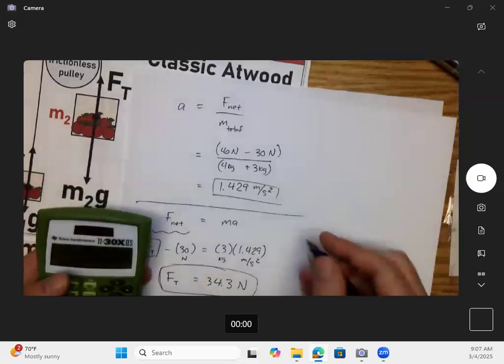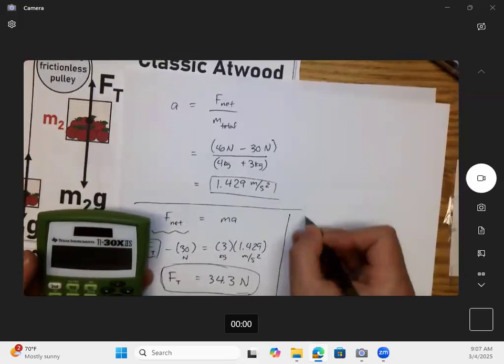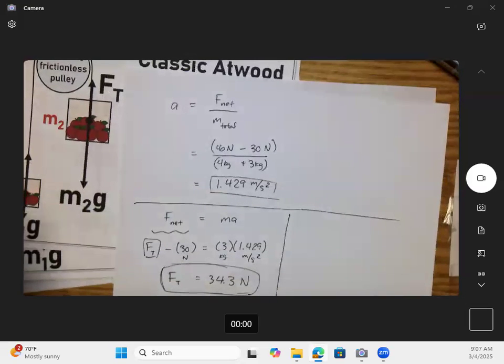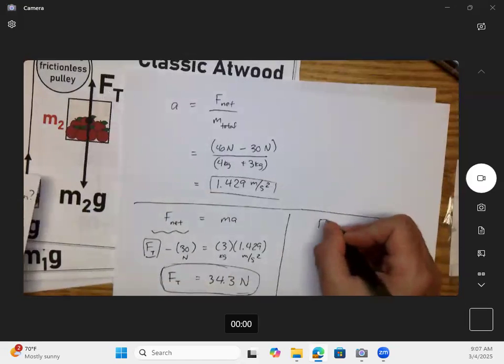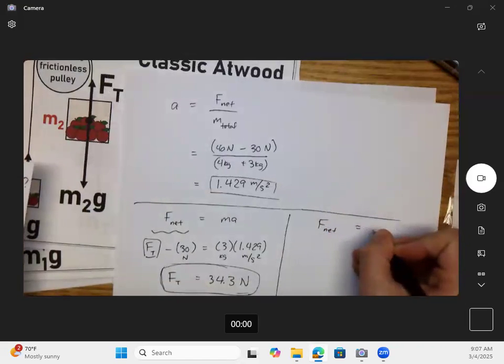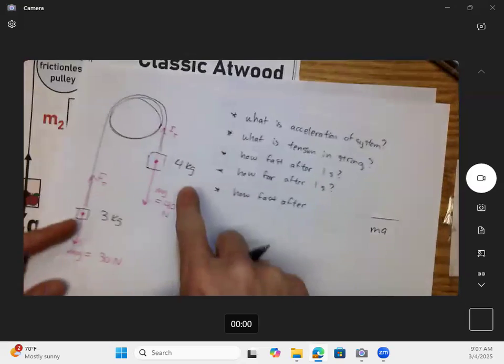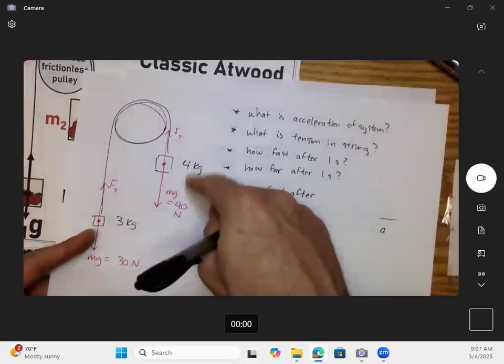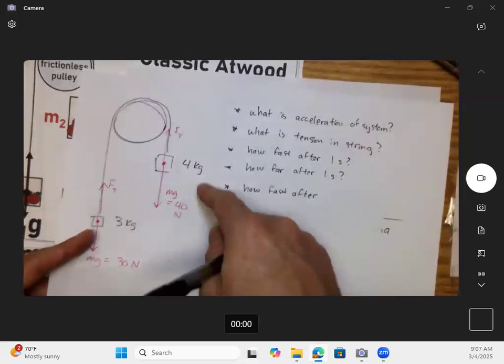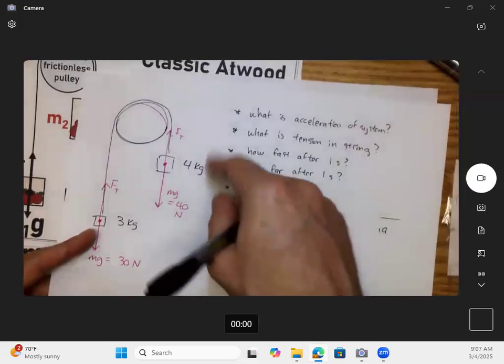Okay. Now, what if you had picked the other block instead? I bet it's the exact same answer. Let's see. So I'm setting up another F net equals ma, only this is going to be for the 4 kilogram block. Now this one overall is being driven downward. So I'll do 40 newtons downward minus the tension force up.